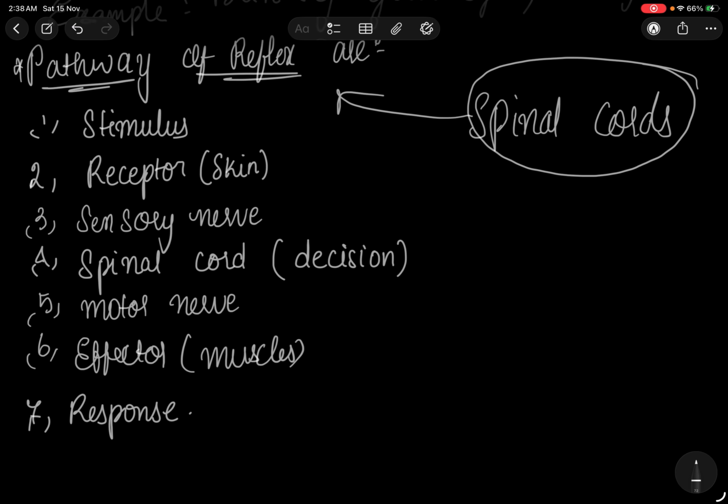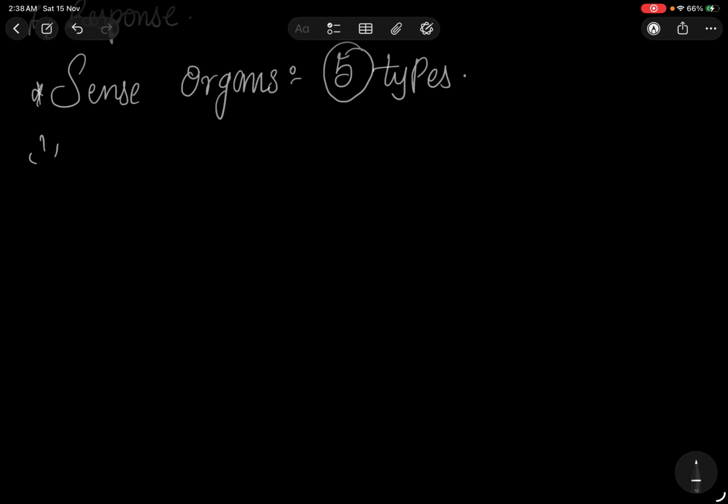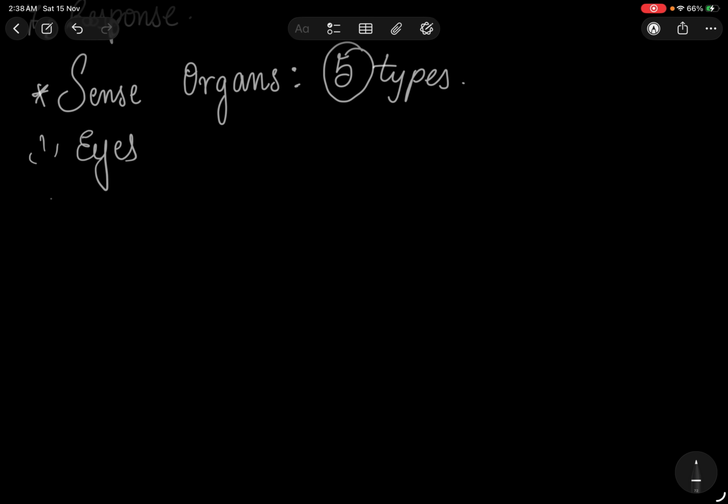Next we will discuss about sense organs. So how many types of sense organs? There are 5 types. First is eyes. We all know eyes are used for the sense of sight.